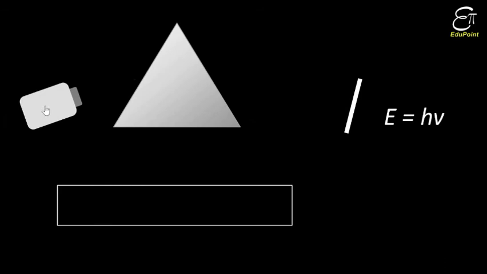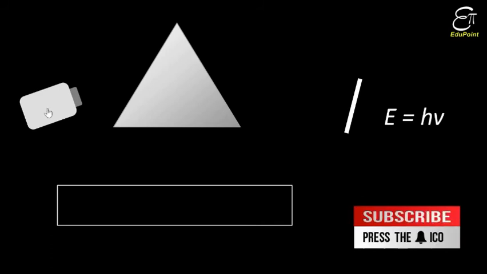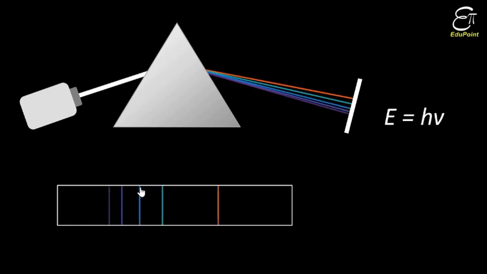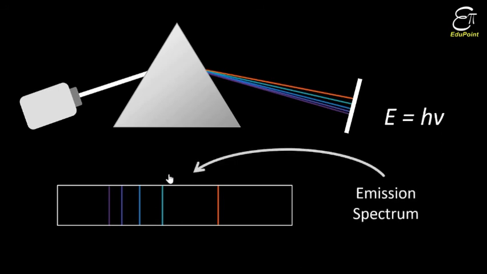In the case of the emission spectrum, when we heat the gas with electric current, the atoms get excited and emit radiations. We pass those radiations through a prism and get only certain frequencies with certain wavelengths, which produce certain colors. This is known as the emission spectrum.